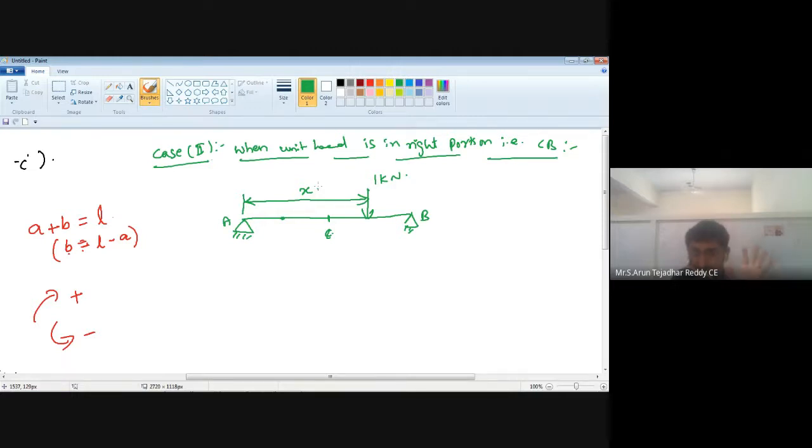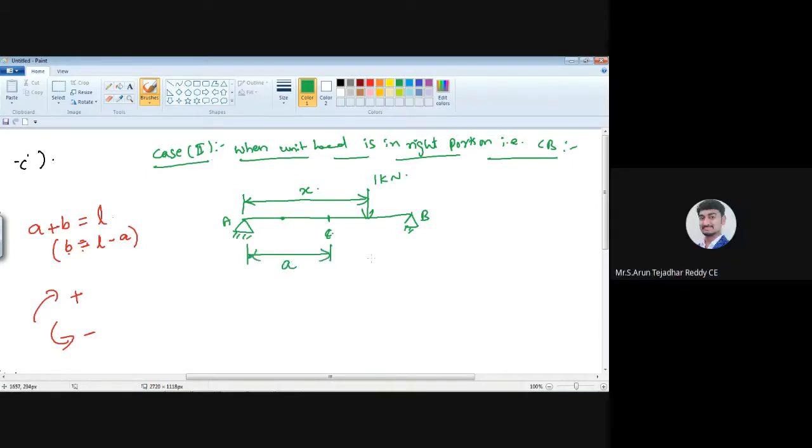Is it clear? Remaining is the same: from A to C it is A distance, C to B it is B distance. Taking the whole span, A plus B is equal to L.